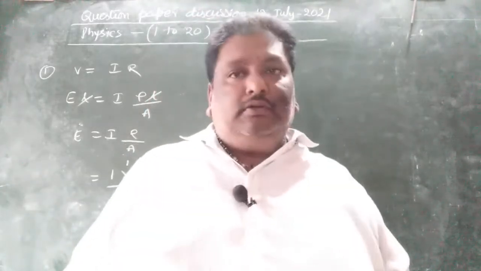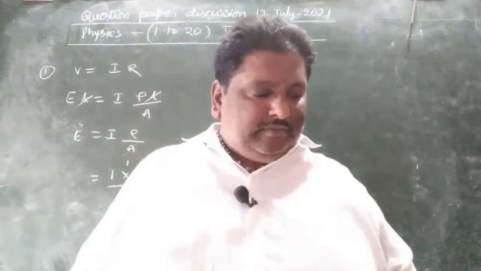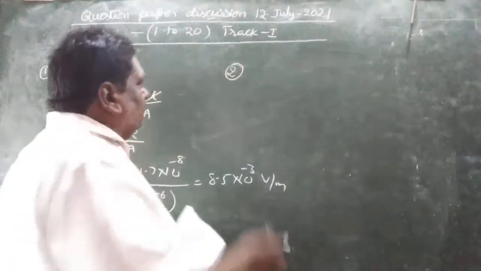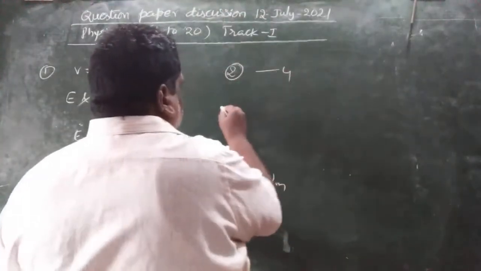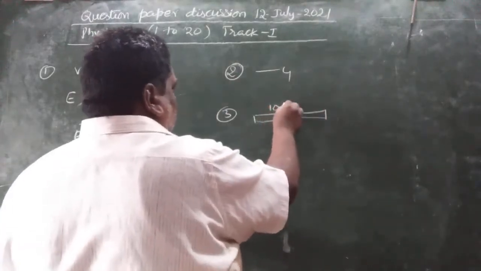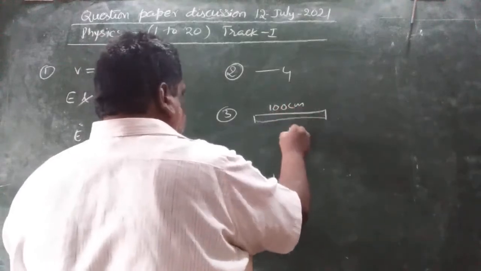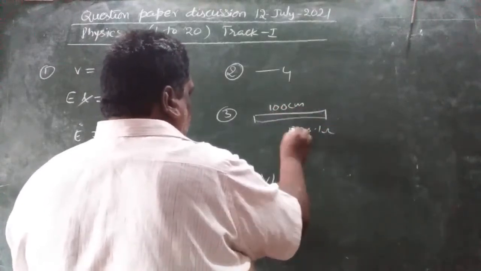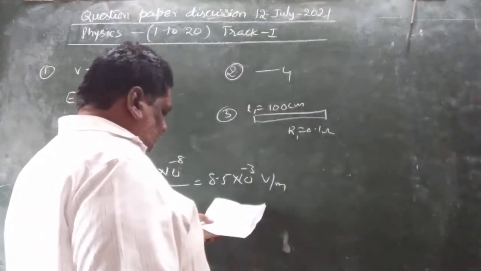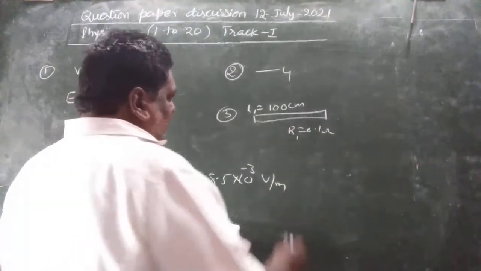Next one, third question. A resistance of a wire of 100 centimeters length is 10 ohms. One wire is there, its length is 100 centimeters. Now it is cut into 10 equal parts, bundled and twisted.